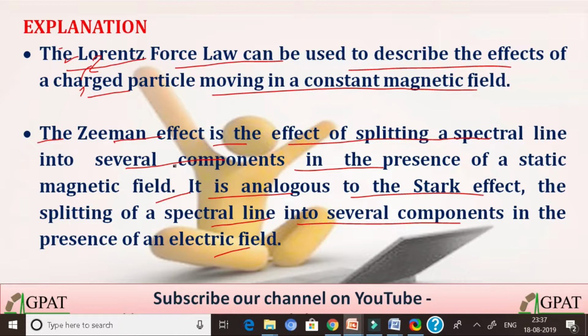So in the Zeeman effect, we are talking about the presence of a magnetic field, and in the Stark effect, we are talking about the presence of an electric field.